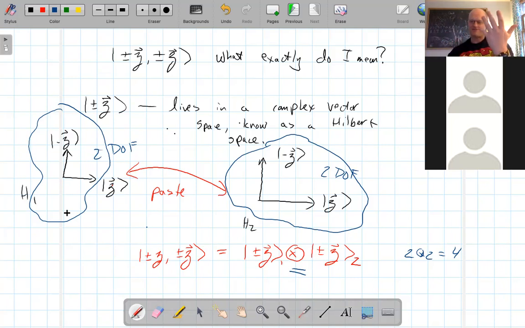So in this case, if I have 5 degrees of freedom here and 5 degrees of freedom here, and I paste these on top of each other, I now have 10 degrees of freedom. That's all this is saying: one particle lives here, one particle lives here, and I'm pasting these two things on top of each other and increasing the overall dimensionality. If particle 1 has only 2 basis functions, it's either plus or minus z.